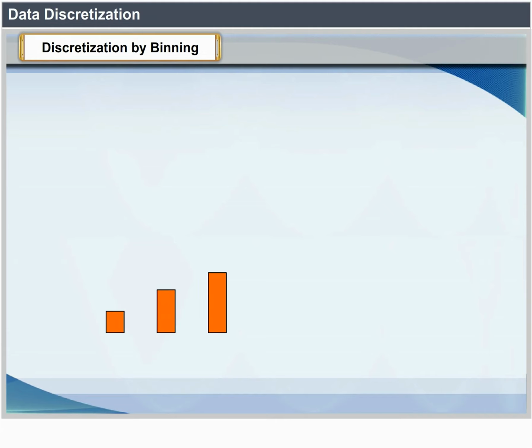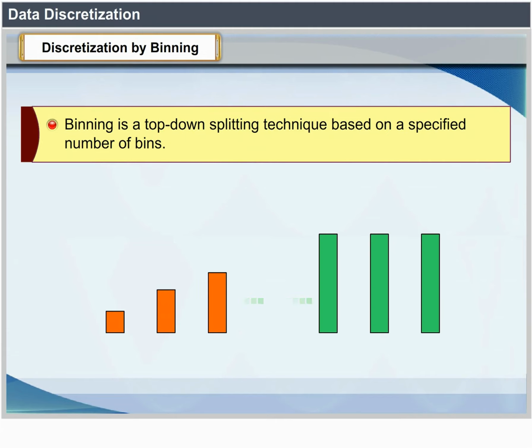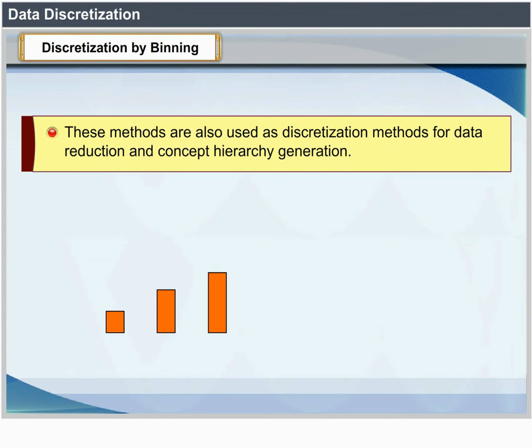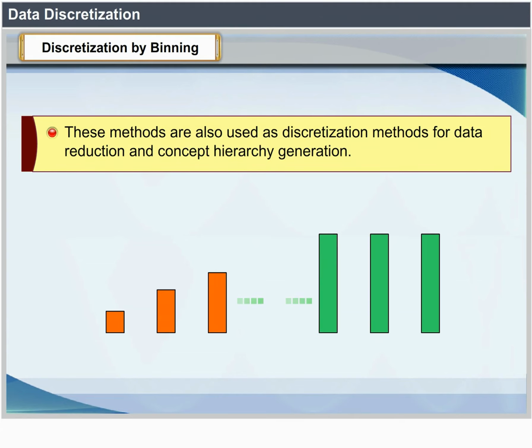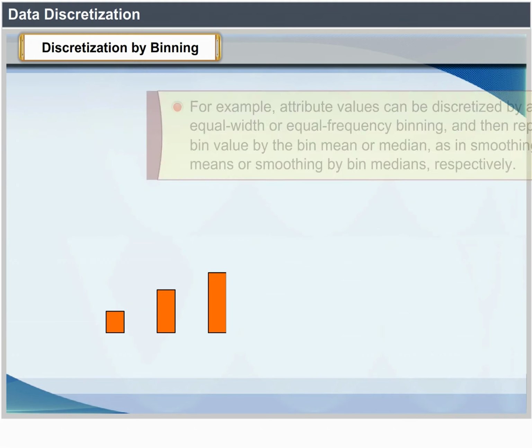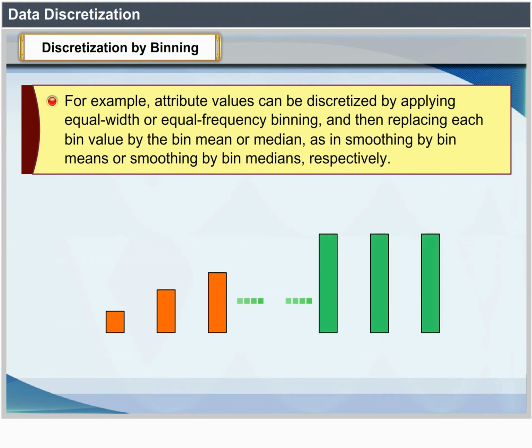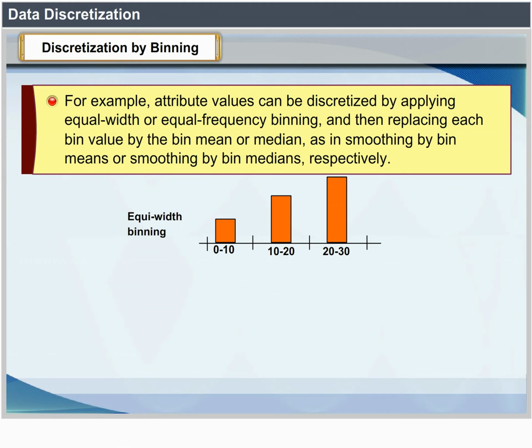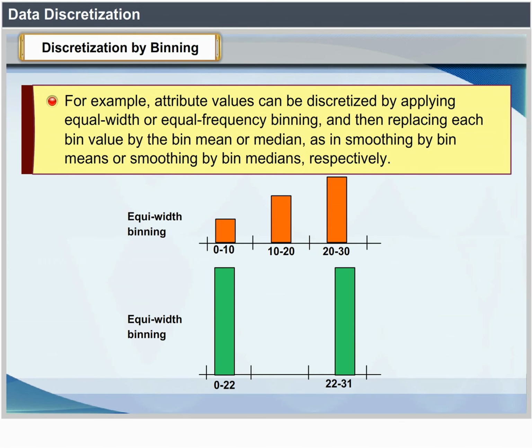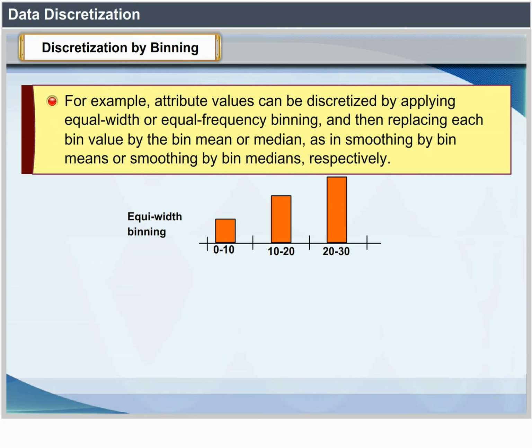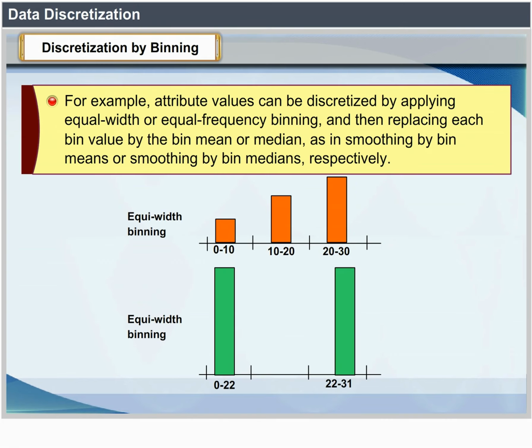Discretization by binning. Binning is a top-down splitting technique based on a specified number of bins. These methods are also used as discretization methods for data reduction and concept hierarchy generation. For example, attribute values can be discretized by applying equal-width or equal-frequency binning, and then replacing each bin value by the bin mean or median, as in smoothing by bin means or smoothing by bin medians, respectively.